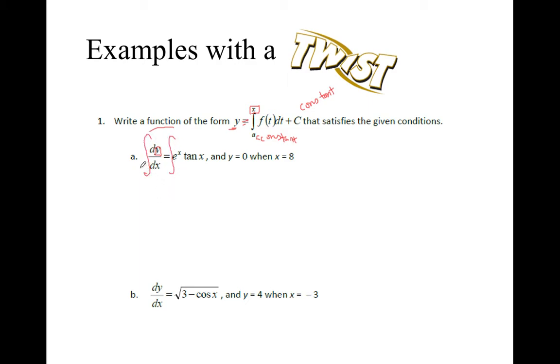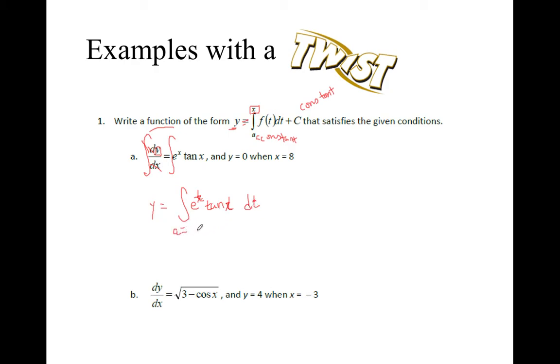So the antiderivative gets rid of all the derivatives and the antiderivatives and leaves me with just y. So I've got e to the t tangent t dt. But now I have to figure out what a is.